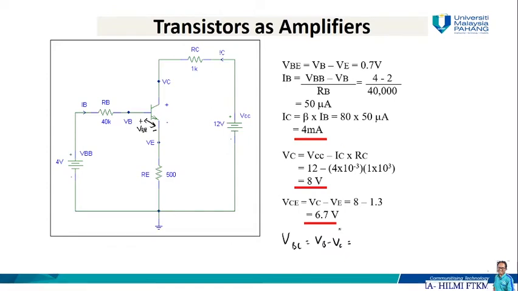So we have VB is 2 minus VC is 8 volt. So we should get negative 6. So basically VBC is in this direction. We should have VCB. Sorry, VCB is equal to 6 volt.